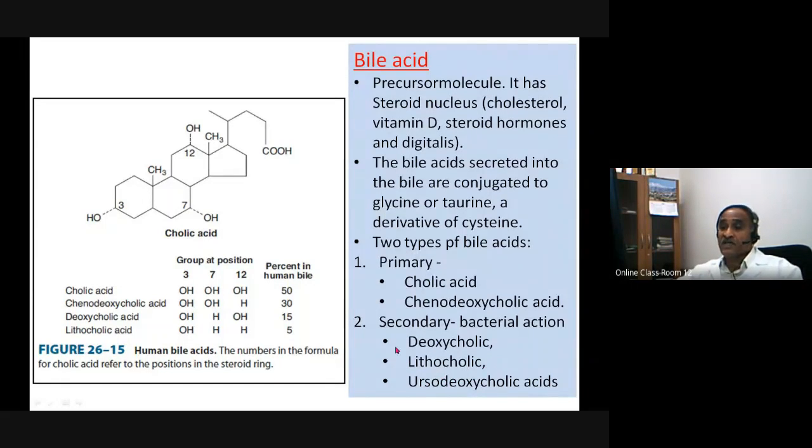These are the secondary bile acids, formed because of bacterial action in the intestine. Deoxycholic acid is 15% and lithocholic acid is 5%, so lithocholic acid is lesser. So this is the total composition of bile acids in our body.